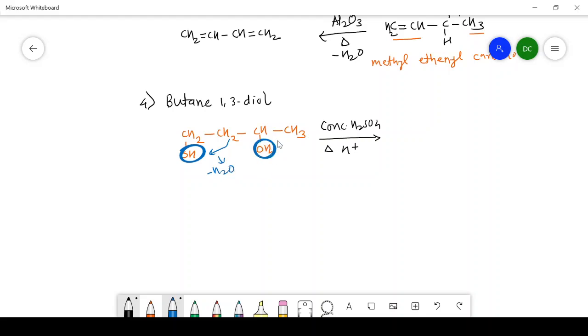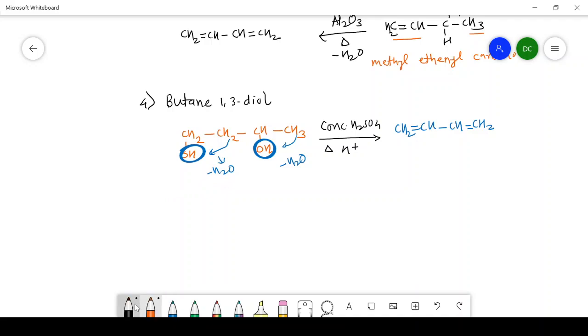Similarly, OH from this carbon and H from this carbon, they are eliminated as a water molecule, and corresponding 1,3-butadiene we get. In this way, we obtain 1,3-butadiene from butane 1,3-diol when heated in presence of concentrated H2SO4 or acid catalyst.